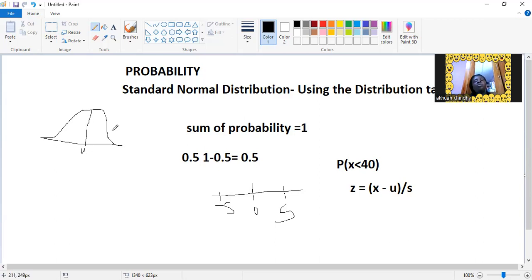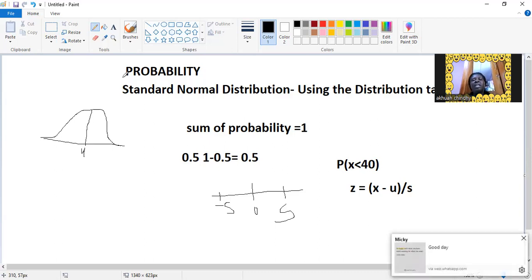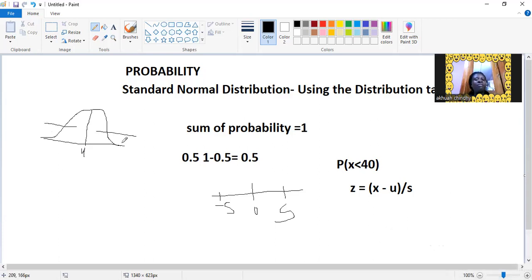For a normal distribution, there is an assumption that since the mean is at the center, all other central tendencies are equal. So median, mode, and mean are all the same. This is the curve for a normal distribution. The middle or the center is the mean, so this part plus this part should give us the whole area under the curve.